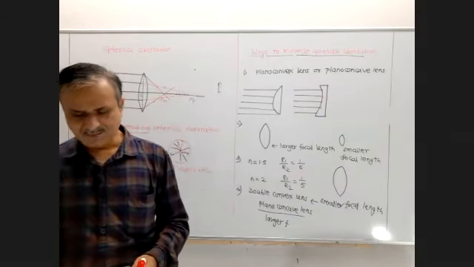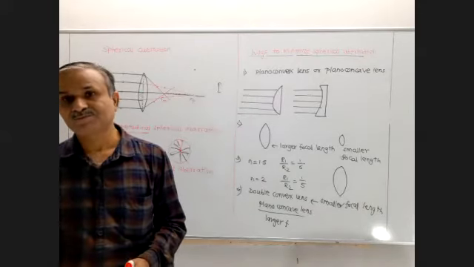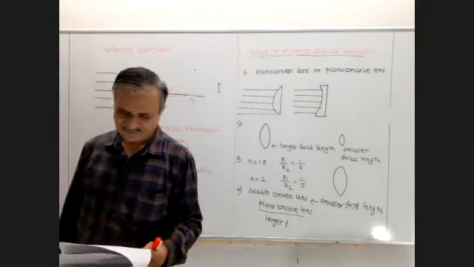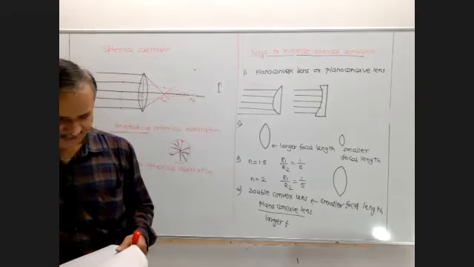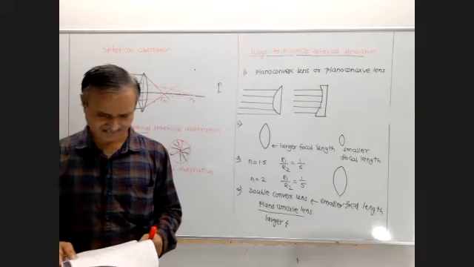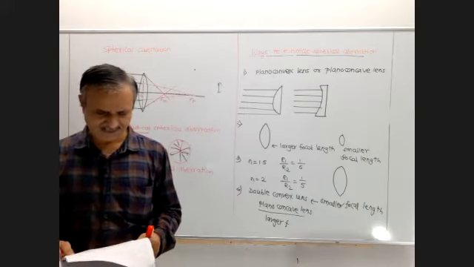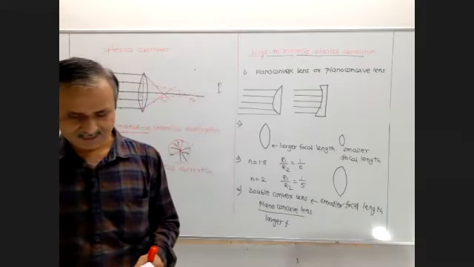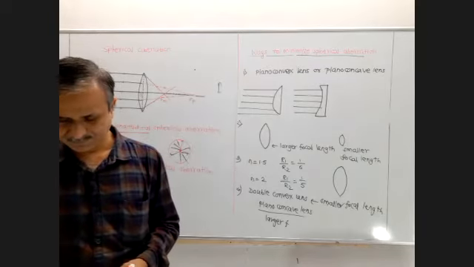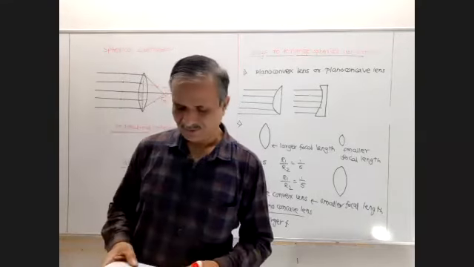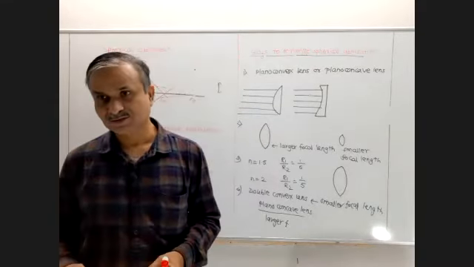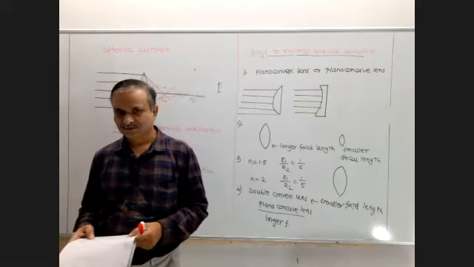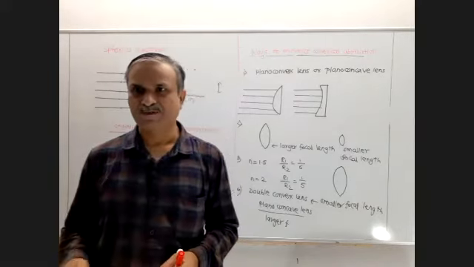Next point, a parallel beam of light passing through the lens would cause a circular patch of image on the screen at fp.